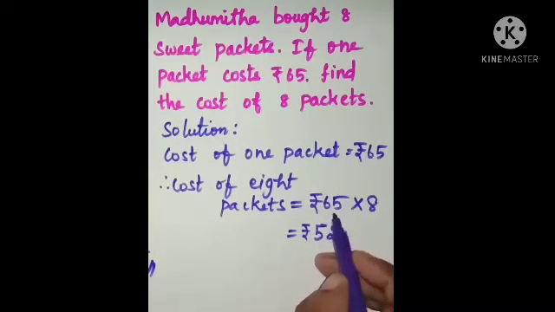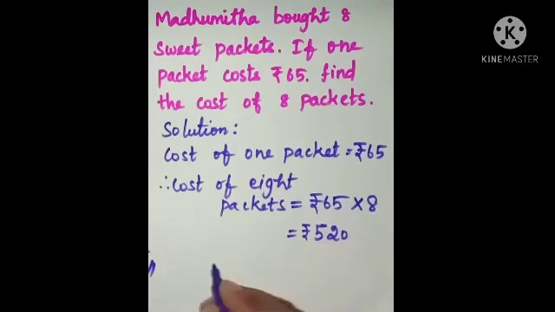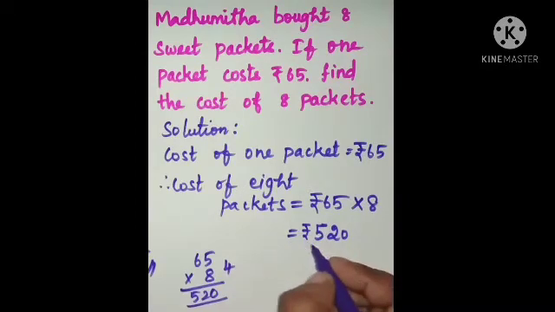When we multiply 65 with 8, 5 8s are 40, 6 8s are 48, 48 plus 4 is 52. 520. We get the cost of 8 packets as rupees 520.